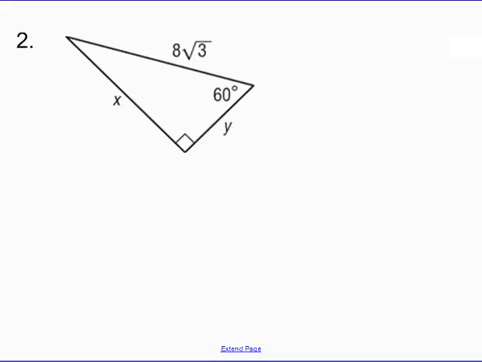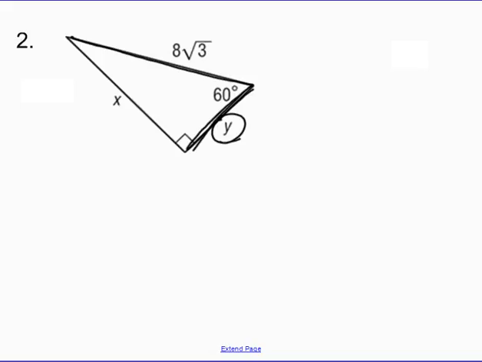Number 2, okay? Now this one's a little difficult. Here's my short leg. That's what I use to figure out all the sides, but I'm not given it. I need to figure it out. What I am given is that I have the hypotenuse. My goal is to always get this short leg. I need to get that y.